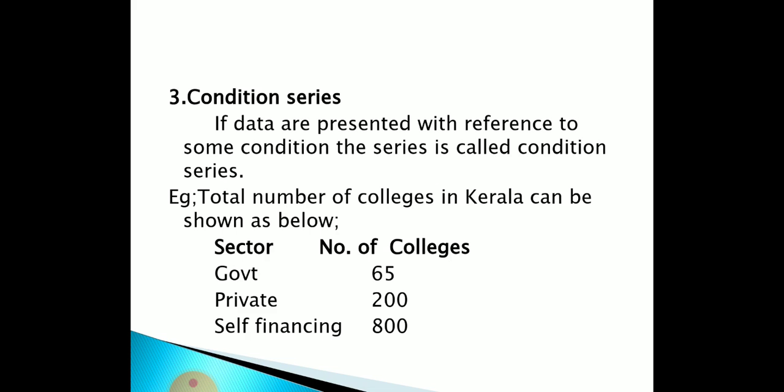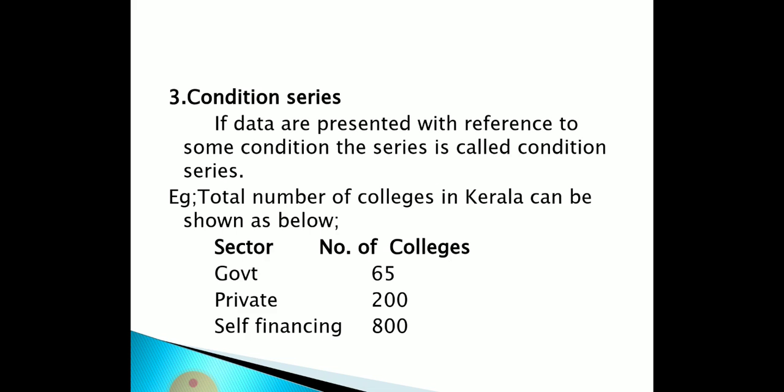Government colleges are owned and managed directly by the government. Private colleges, that is aided colleges, are owned and managed by private parties but financed by the government. And the third category is self-financing colleges. Each such category has its own nature.